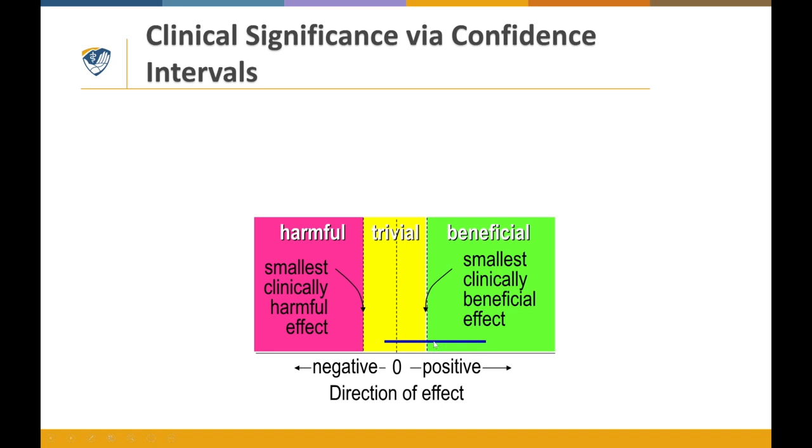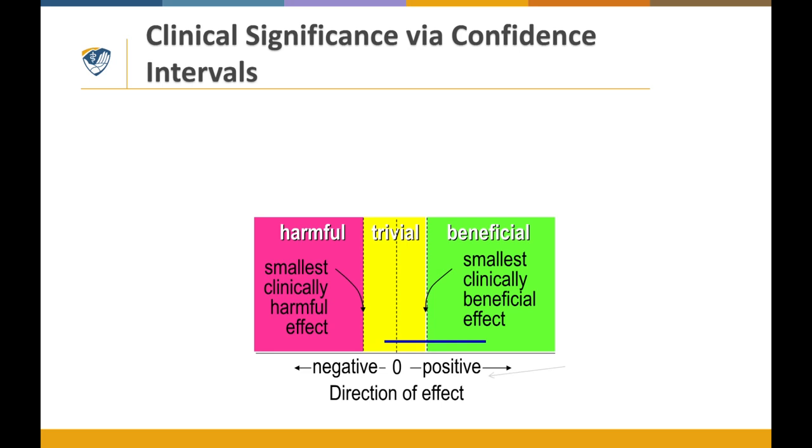Now, we could also have a situation where this blue line might actually go into the harmful area, and that would obviously be concerning for us to say, this treatment might actually make people worse compared to a control group. And so we can see those sorts of interactions. And so this is how we can use the means and the confidence intervals of the control group, and then the mean and the confidence intervals of the treatment group to make a determination of clinical significance.